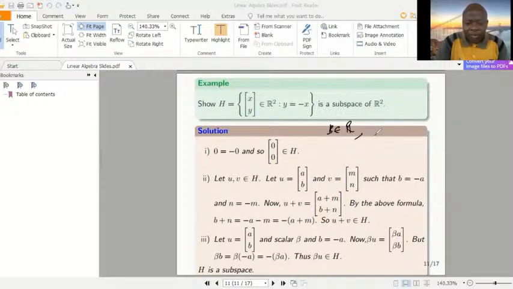And I want to use my vector v, not my vector v. Actually, this is supposed to be u. Supposed to be beta u. So my u, I had chosen u to be (a, b).